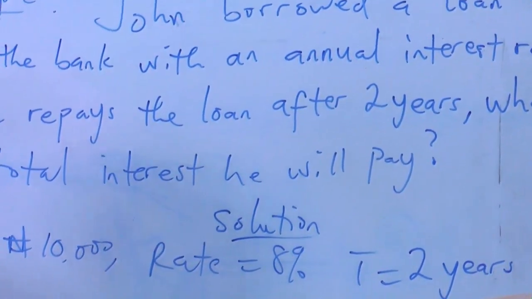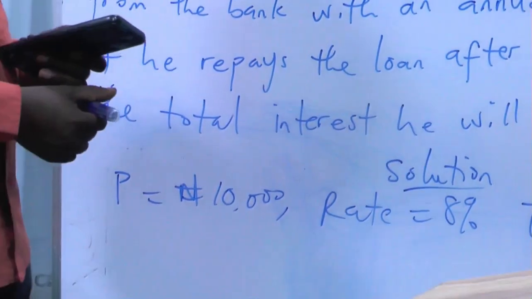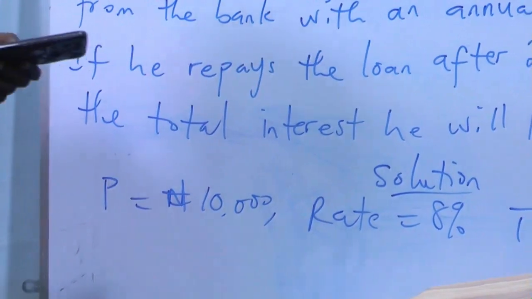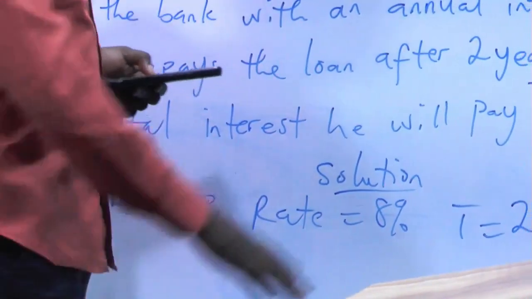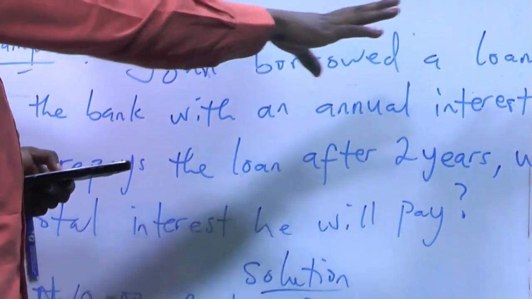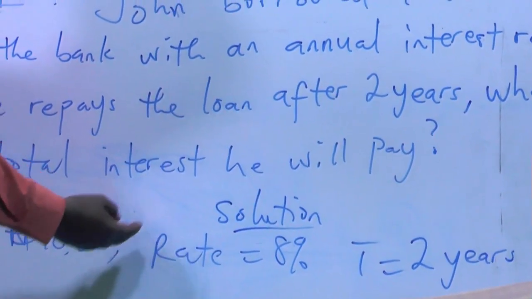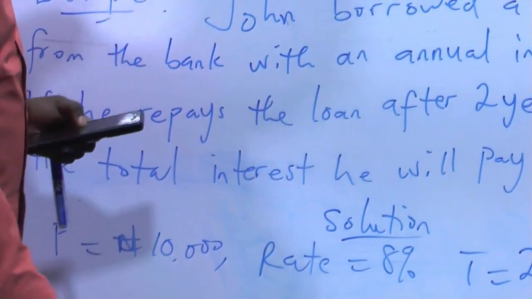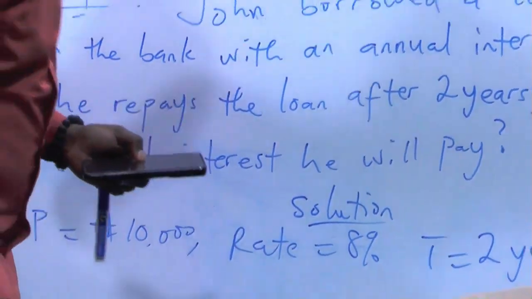So the question says what will be the total interest he will pay. Now to get the total interest, let me clean the other side so that you can see how we solve this. Don't forget that this is the formula we're going to apply. We have brought out the principal, which is 10,000 naira, the rate 8%, then we also have the time, 2 years.